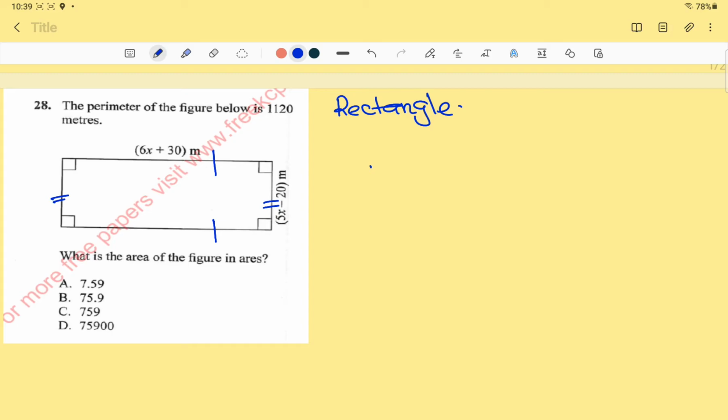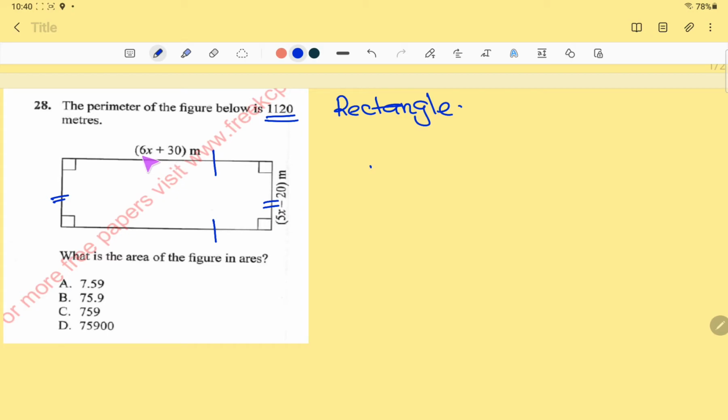And then we are also given the perimeter, which is 1120. Okay, so we need to find the actual length of the rectangle. So how do we do that?